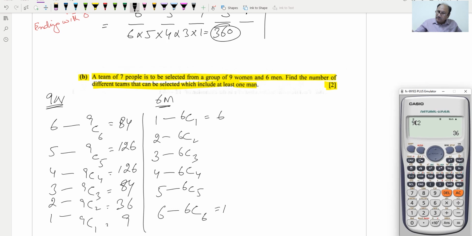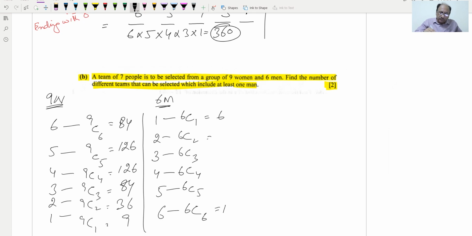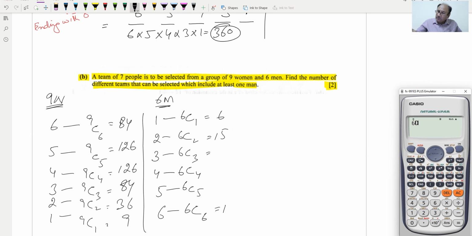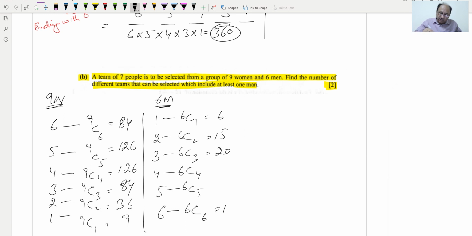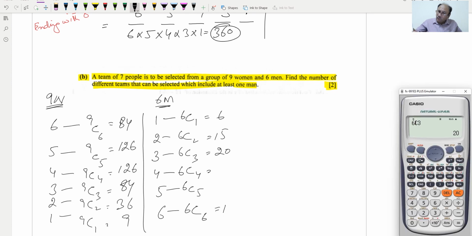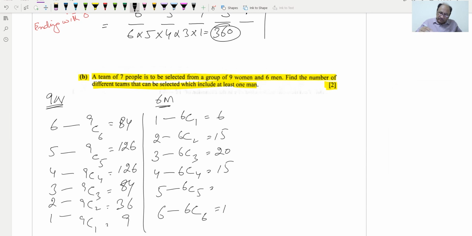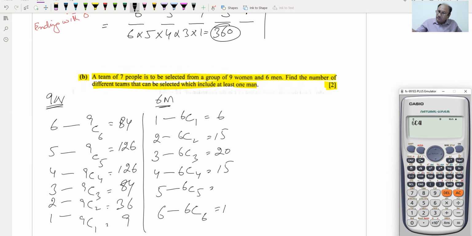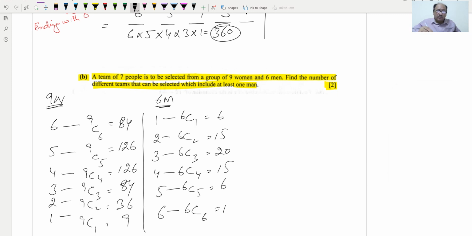Now we can find 6C2. 6C2 will be equal to 15, and 6C3 will be equal to 20, and 6C4 will be 15, and 6C5 will be 6.